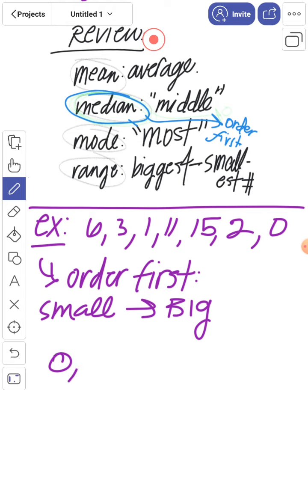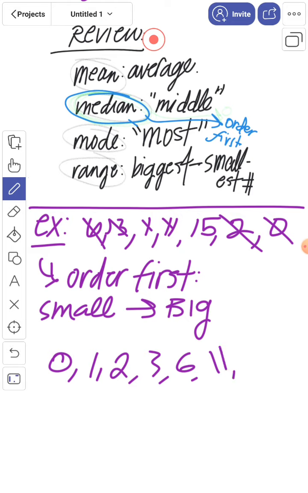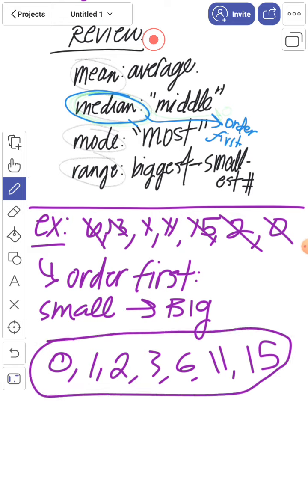That's 0, then 1, 2, 3, and then the next biggest number is 6, then 11, and then 15. Okay, so this is our list.